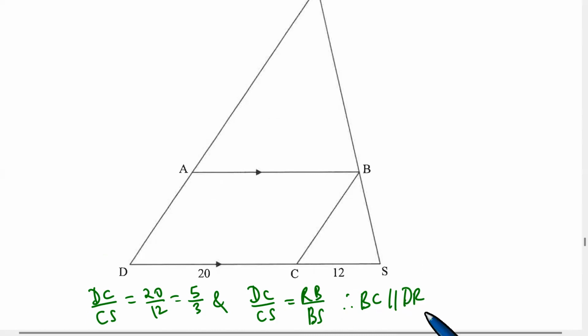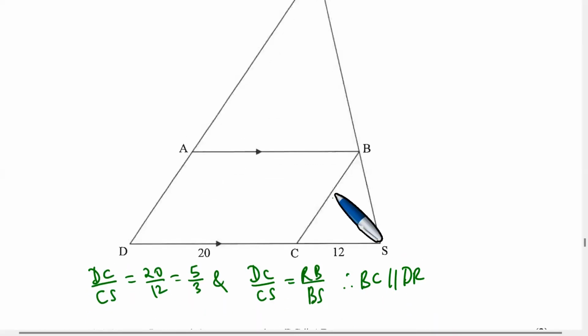And this conclusion about the parallel line segments is due to the converse.